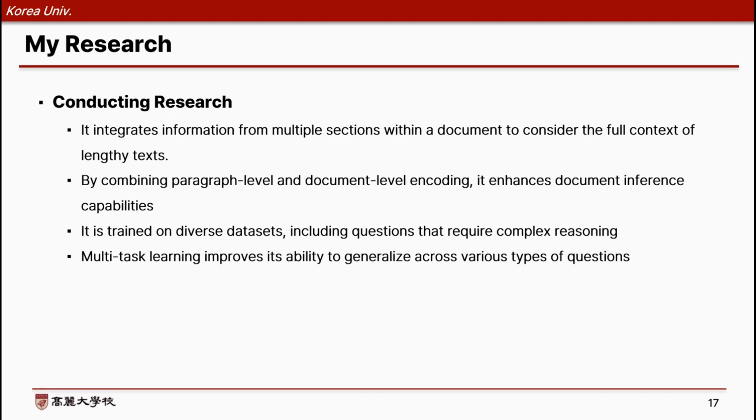Second, by combining paragraph-level and document-level encoding, it enhances document inference capabilities. Third, it is trained on diverse datasets, including questions that require complex reasoning. Finally, multitask learning improves its ability to generalize across various types of questions.